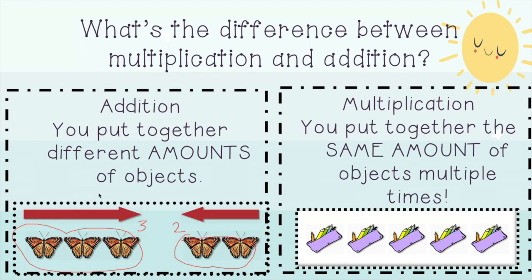Or if you were using the same objects here, you wouldn't have the same amount of color pencils in the pouches. You might have 5 in one, 4 in another, and 2 in another, and that would just be 5 plus 4 plus 2, which is regular addition. But multiplication is the same amount repeated over and over and over again. And that noise is me snapping over and over and over, okay?